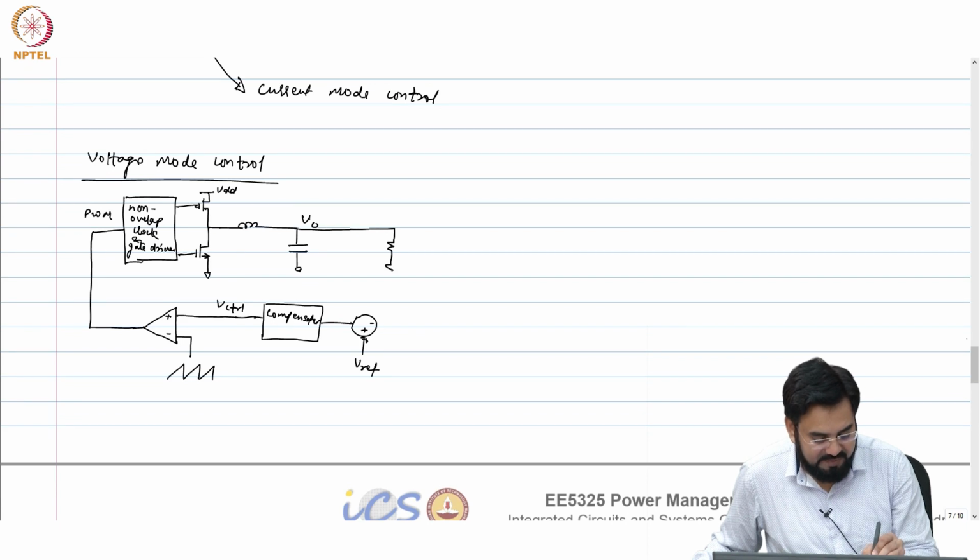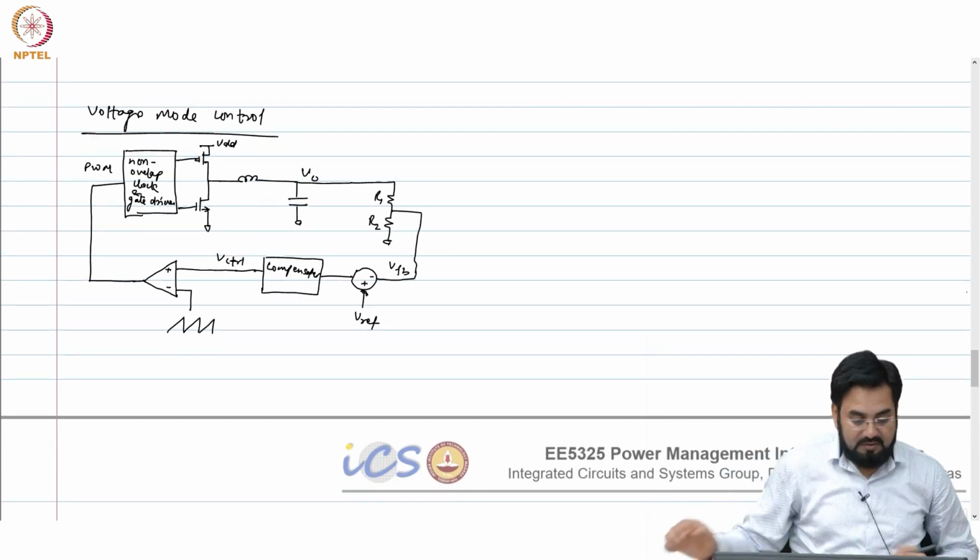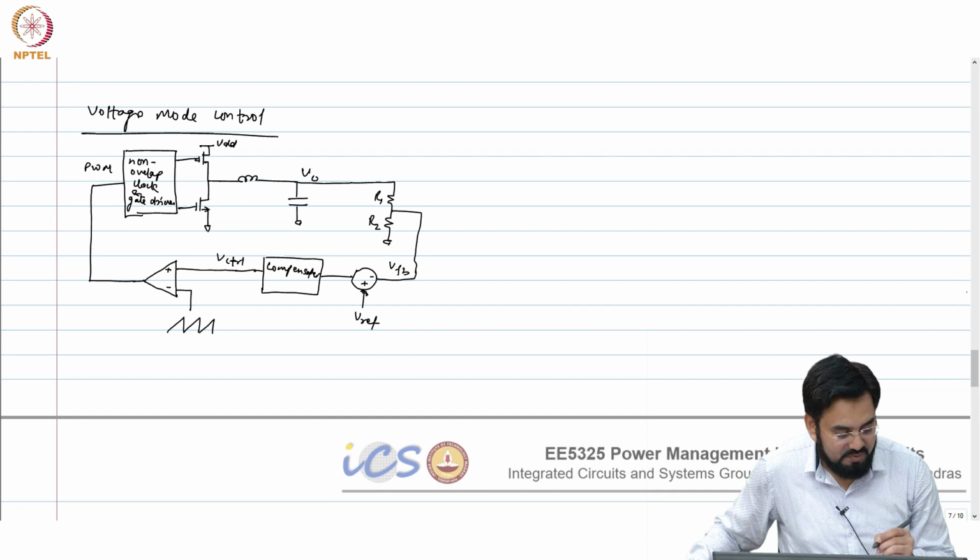So let's say I have a feedback resistor, just like we had in case of LDO. This is your VFB. Okay. So this is your voltage mode control.